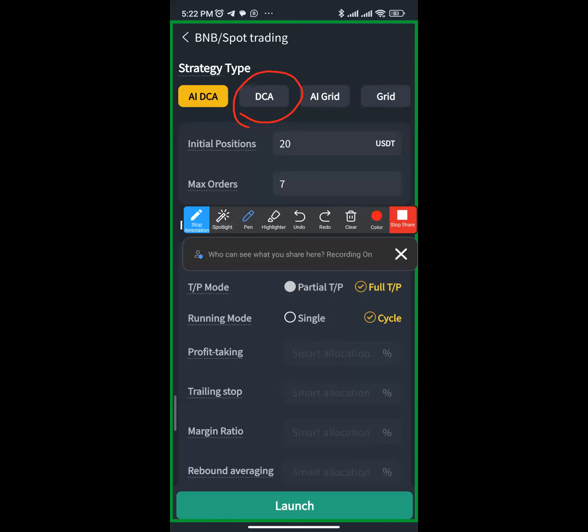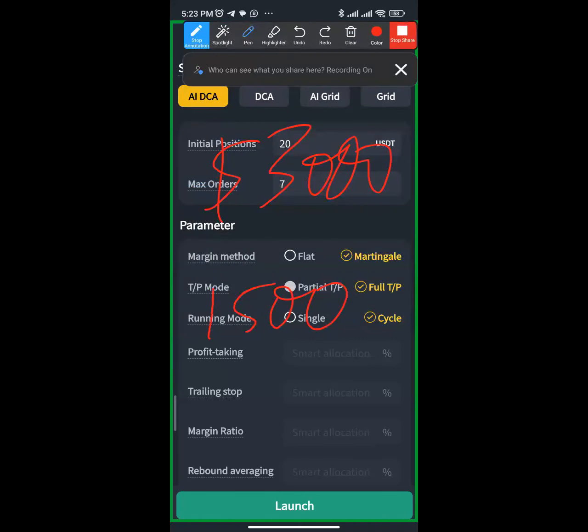I could say 1.5 goes to DCA, and another 1.5 goes to the grid system. So now I put BTC, Ethereum, and you can choose your coin. You put it there and let it trade. Then the next 1.5, I want to trade strategically using this Apollo bot.